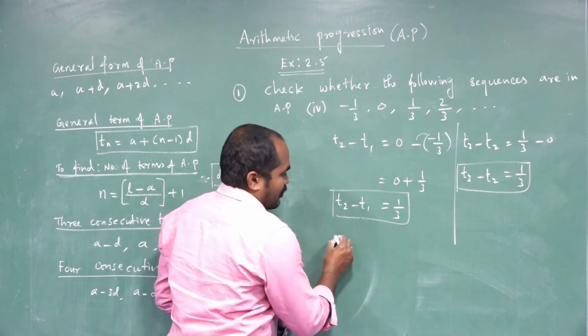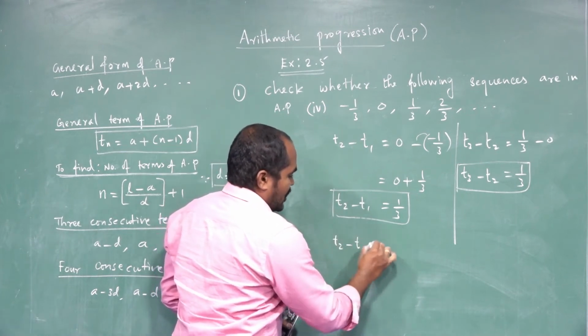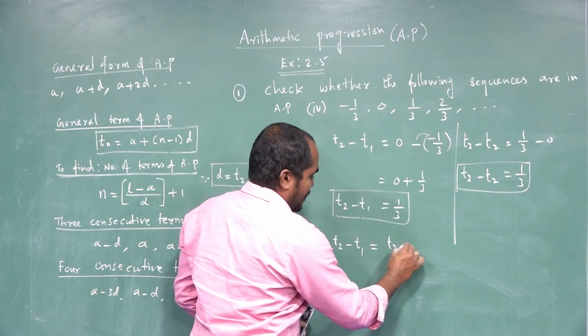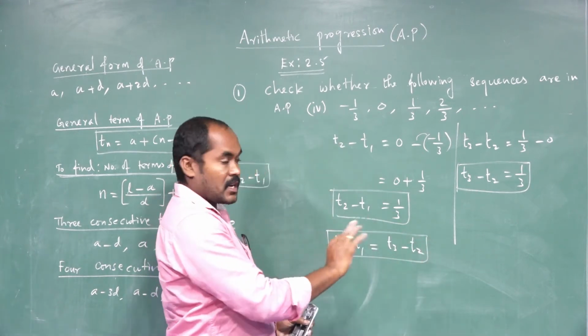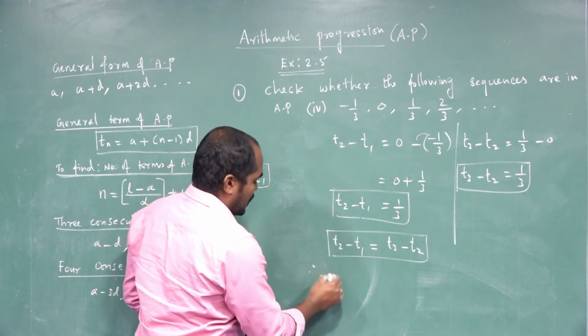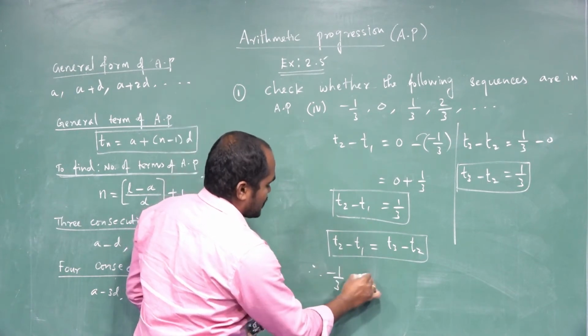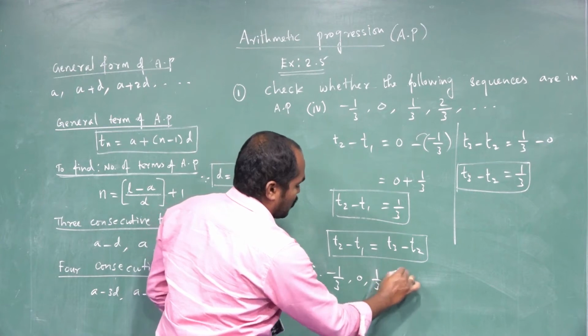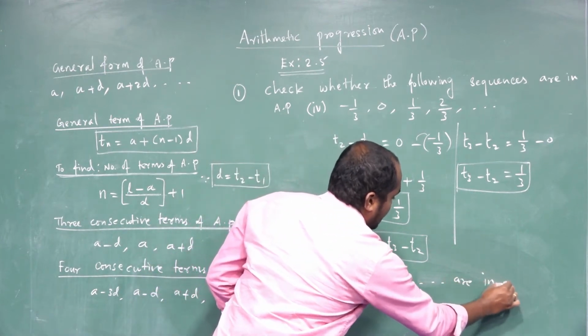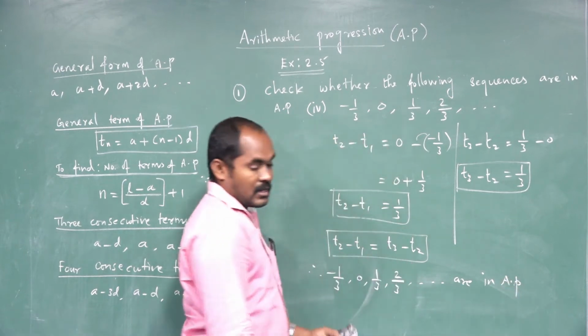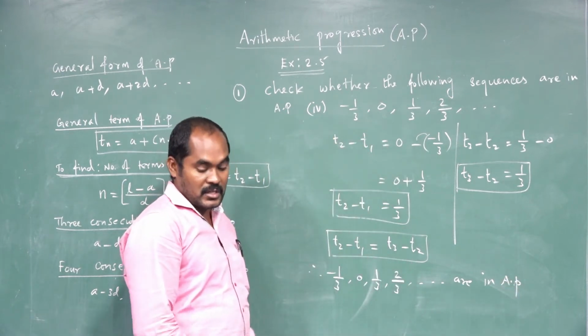Therefore we get T2 minus T1 is equal to T3 minus T2. The common differences are the same. Hence minus 1 by 3, 0, 1 by 3, 2 by 3, etc. are in arithmetic progression.